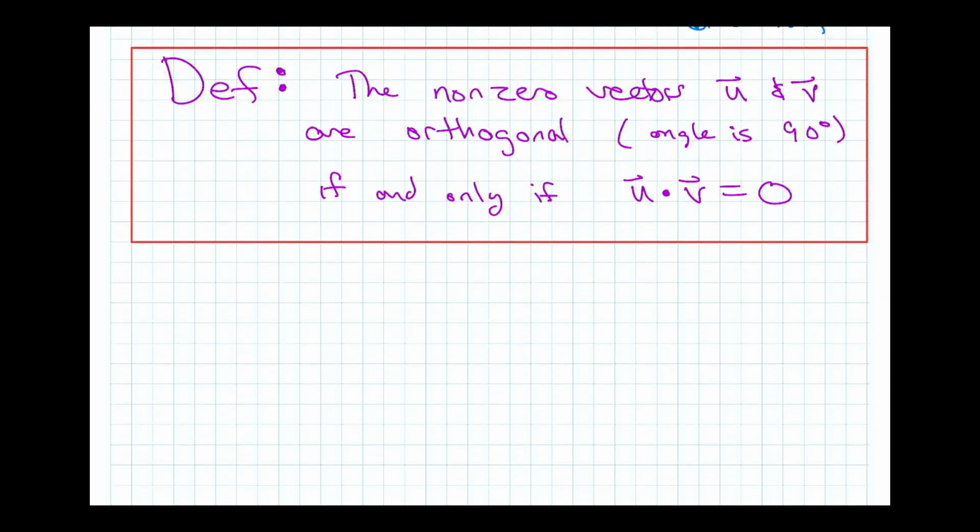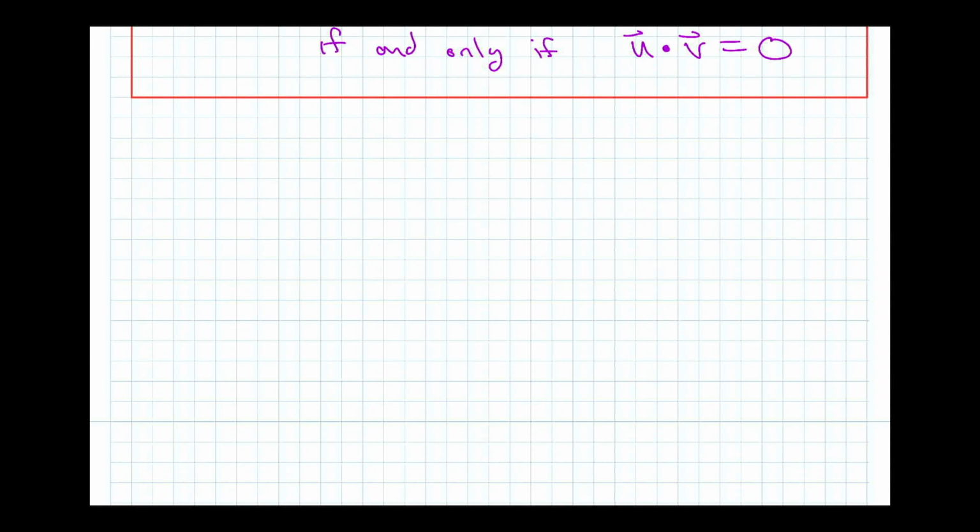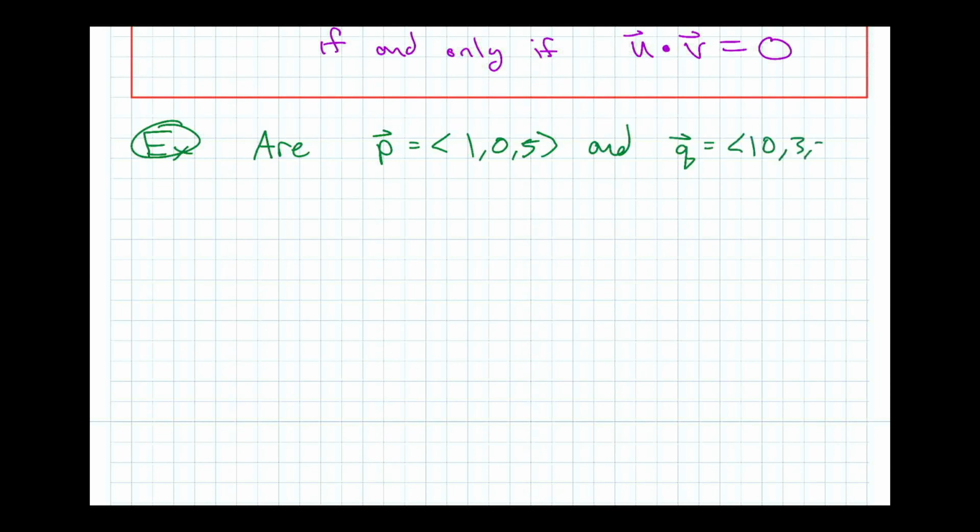So they'll ask you if vectors are orthogonal sometimes, and this is what they want you to do to check it. They'll say something like this example: P, which is (1, 0, 5), and Q, which is the vector (10, 3, -2), orthogonal?